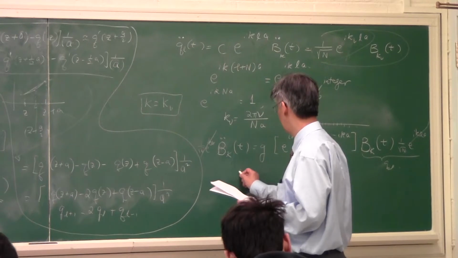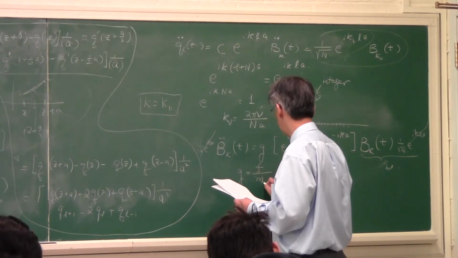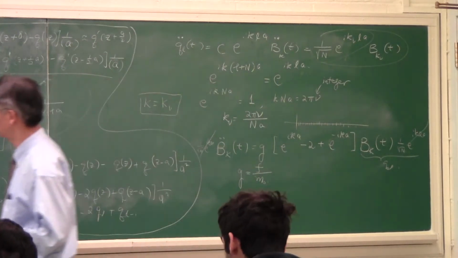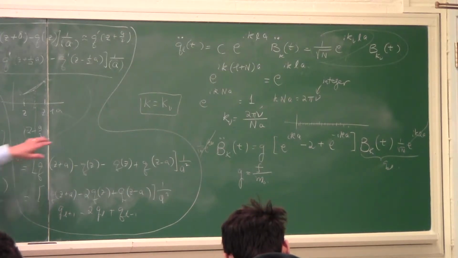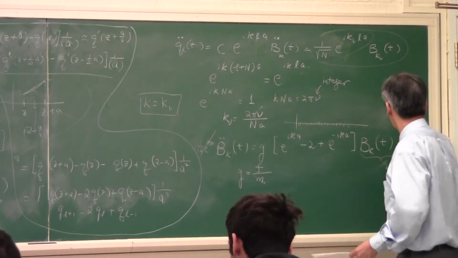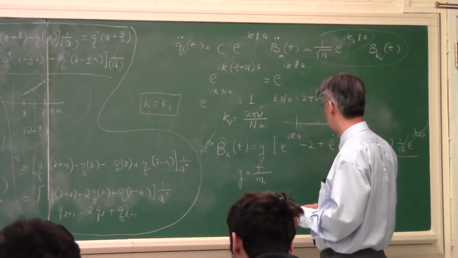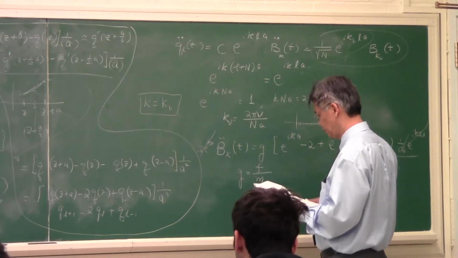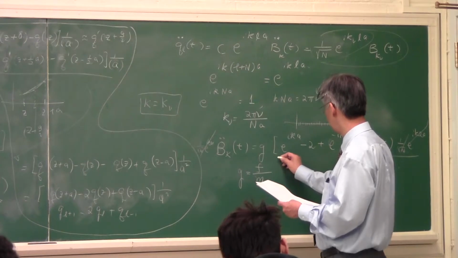And if I figure out what my G should be, my G is just F over M0, M0 being the mass of the particle. So this constant G is just F over M0. And then you can convert this into a time harmonic solution, and then consolidate these two terms.